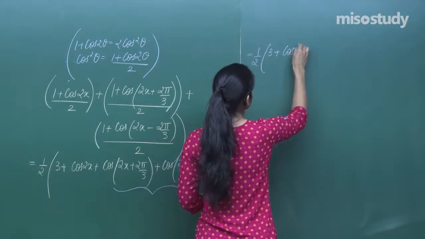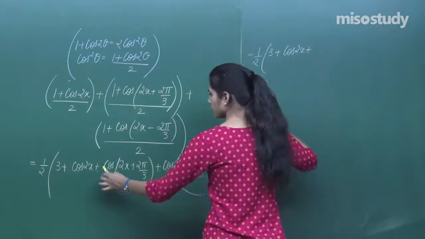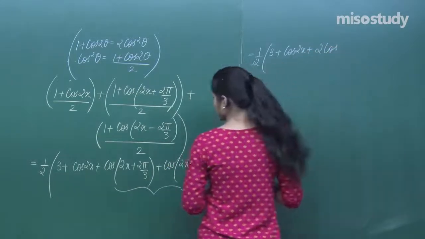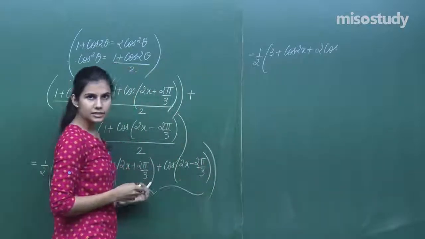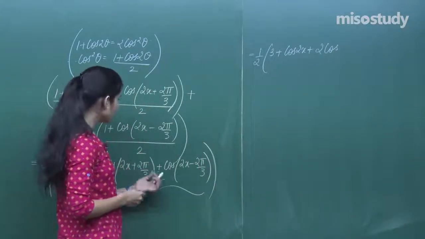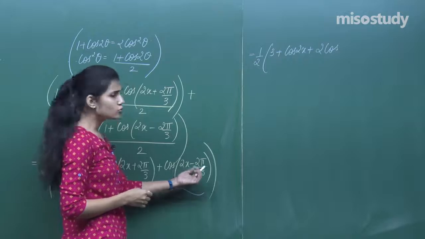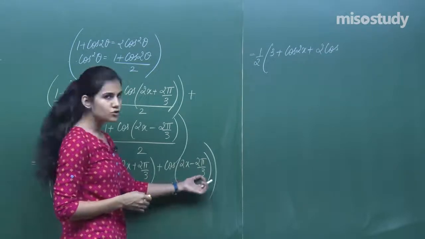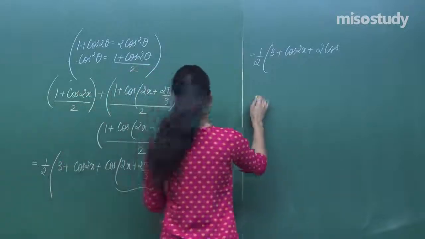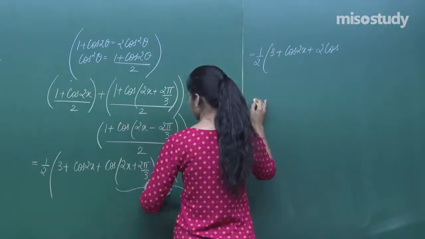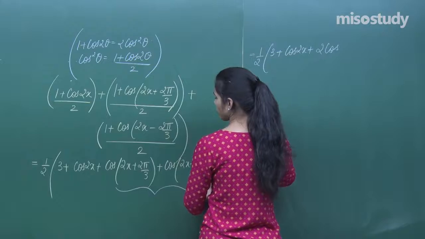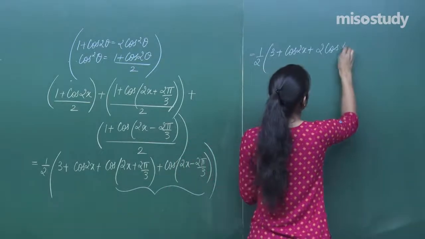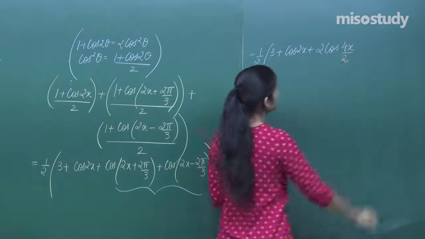This is cos 2x as it is. Cos c plus cos d, 2 cos of c plus d by 2. Add these two angles, 2x plus 2 pi by 3 plus 2x minus 2 pi by 3. So what do you get? Plus 2 pi by 3 minus 2 pi by 3 cancels out. What are you left with? 2x plus 2x gives you 4x, by 2.